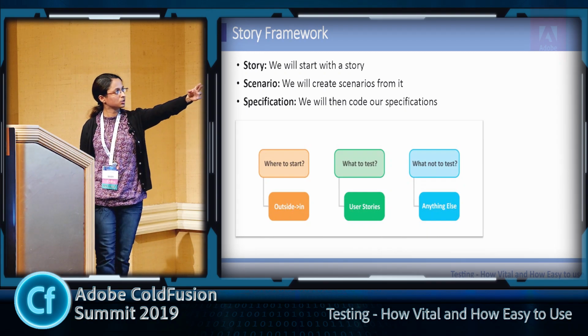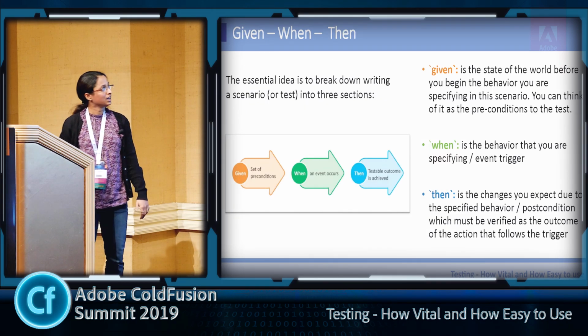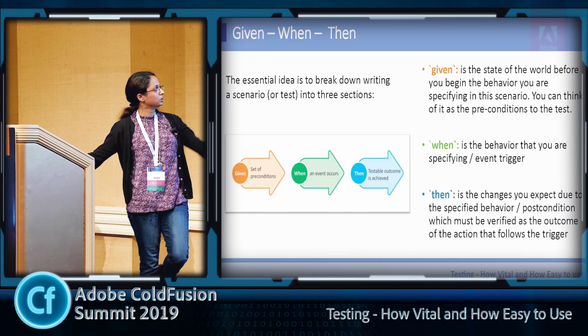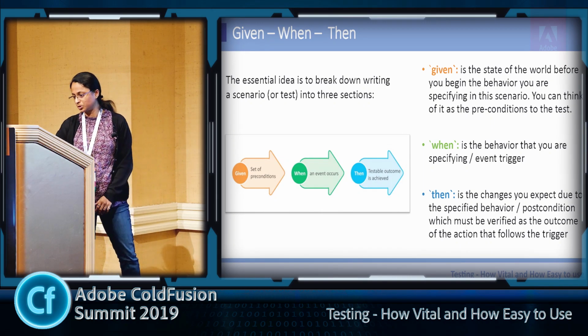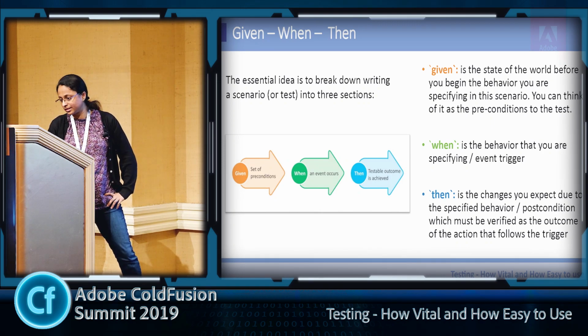We are testing user stories and we are not testing anything else that doesn't fit in the user story. Given-when-then we already saw in the example: given was our input, when is the event, and then is the post condition where you would have your expect statement.